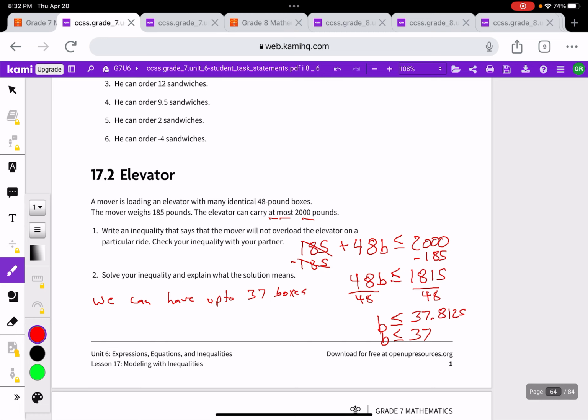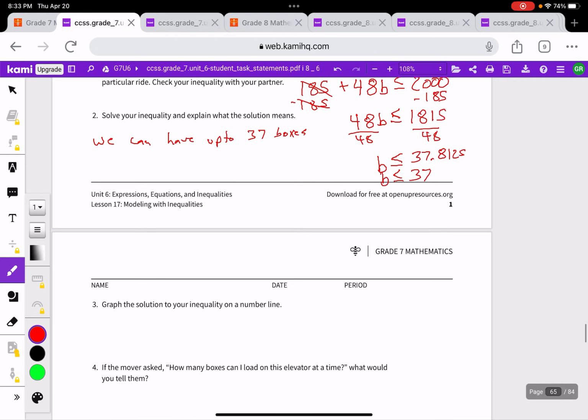In fact, I don't think 37 boxes, unless maybe they're watch boxes or something, depending on what size, but 48-pound boxes, who knows? I wonder what's holding 48 pounds. But nevertheless, 37 of them. We can have up to 37. We don't have to, but up to 37.